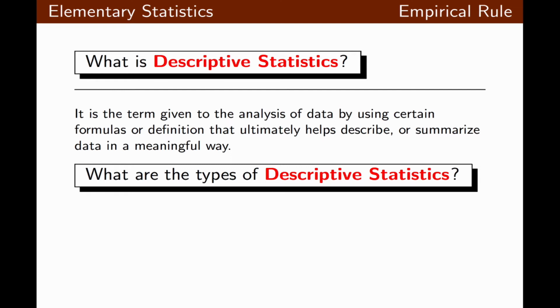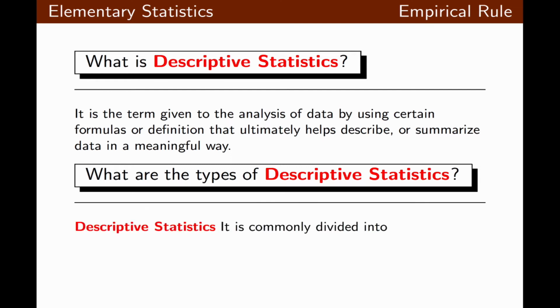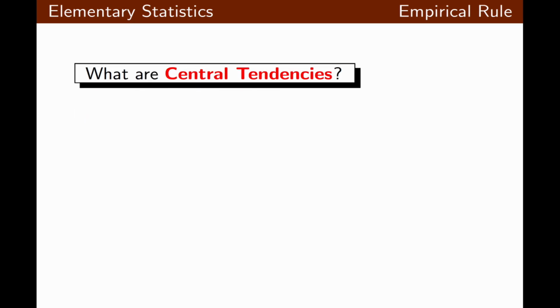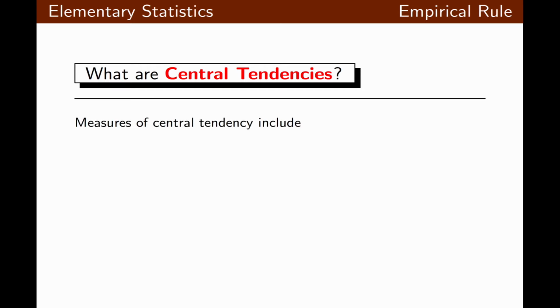The types of descriptive statistics are central tendency and variability or dispersion. The central tendencies include mean, mode, and median.